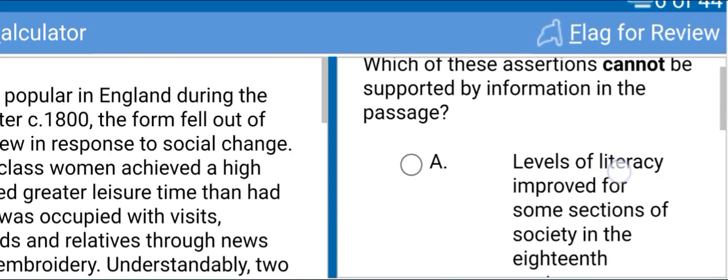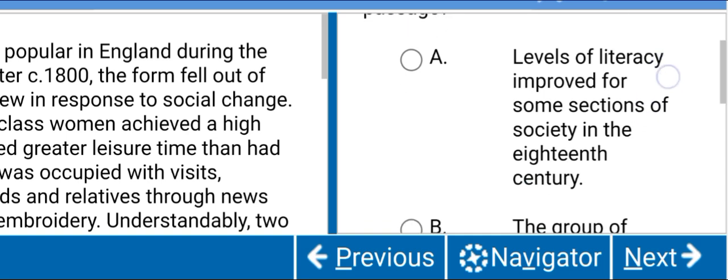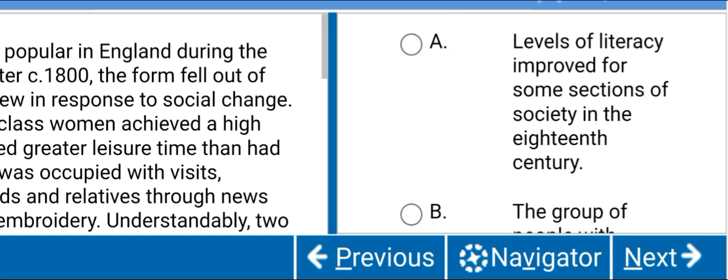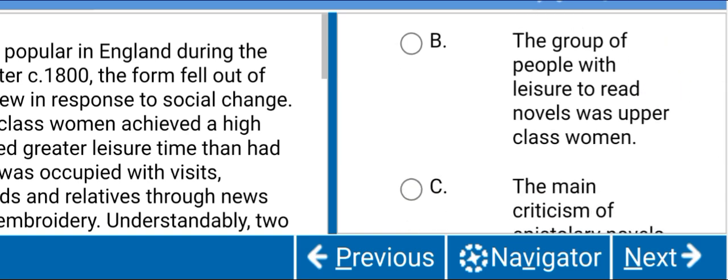Which of these assertions cannot be supported by information in the passage? Option A, levels of literacy improved for some sections of society in the 18th century. Option B, the group of people with leisure to read novels was upper class women.